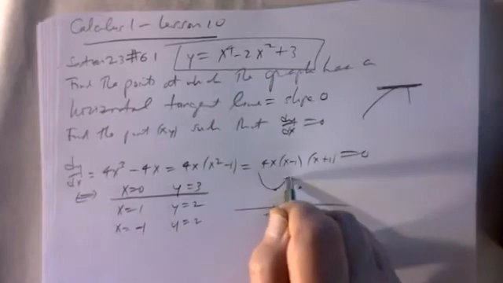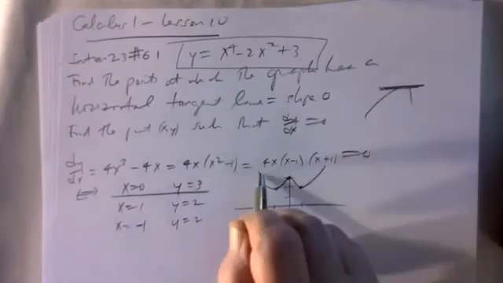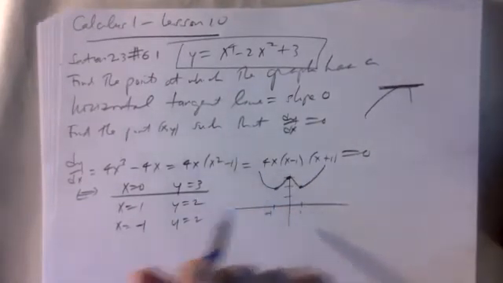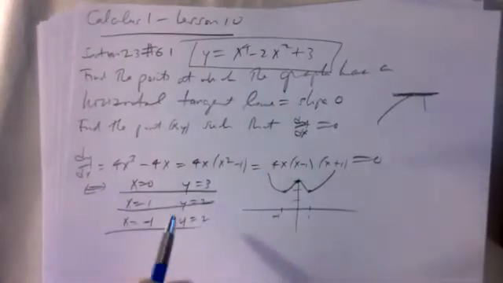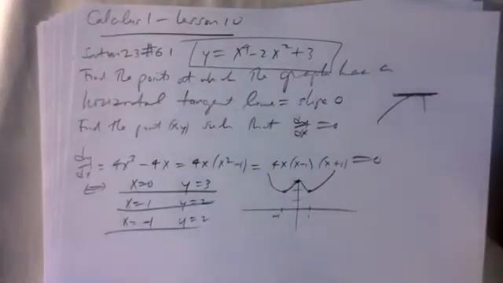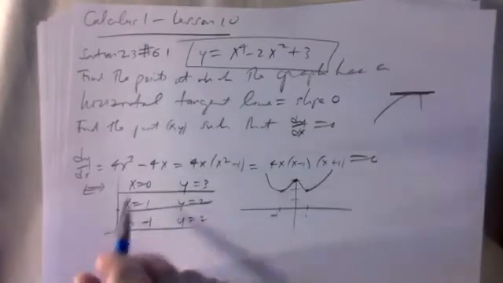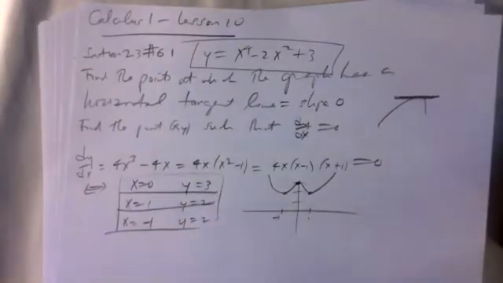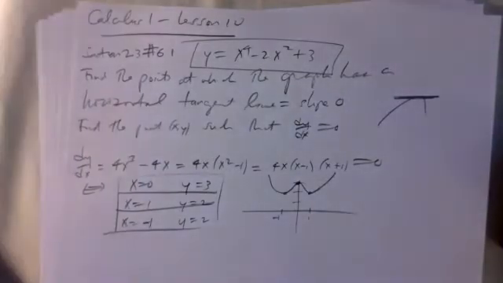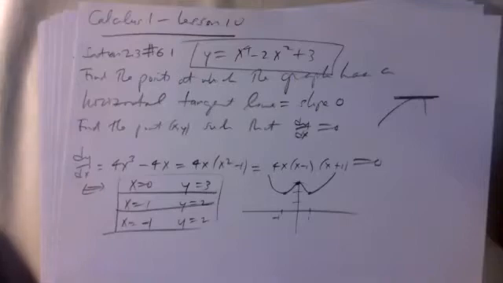In fact, the graph of this is going to look something like that. These are the 3 points where the graph has a horizontal tangent line. Okay. Any questions about that?